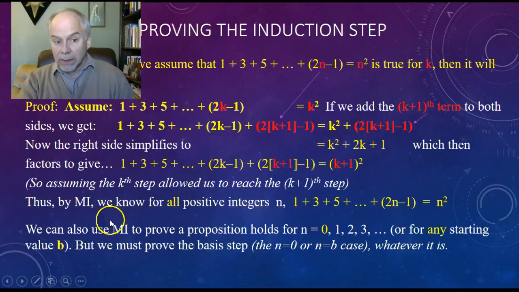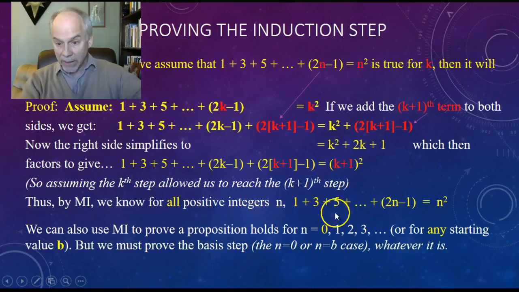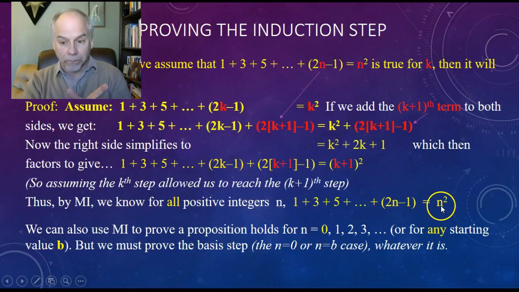And thus, by the principle of mathematical induction, we know that for all positive integers n, the sum of the first n odd numbers would be n squared.